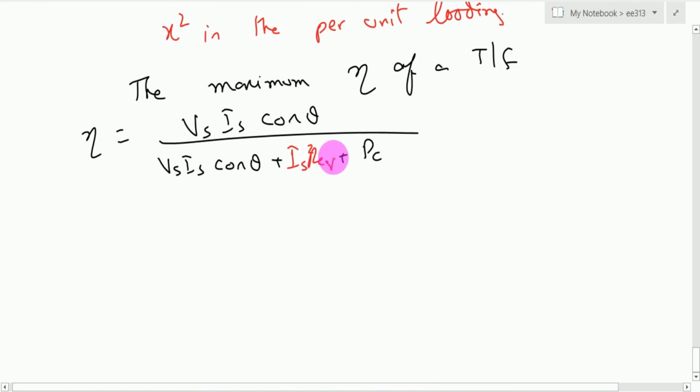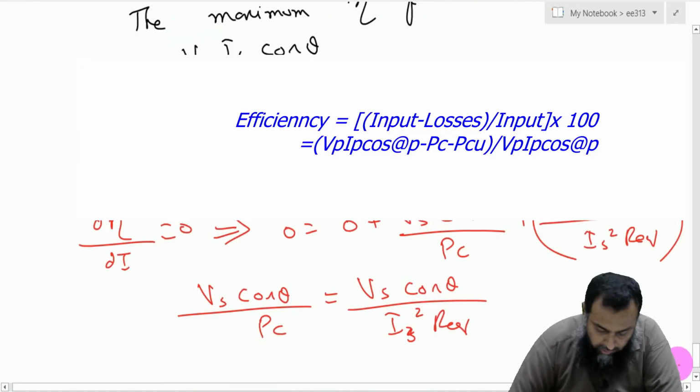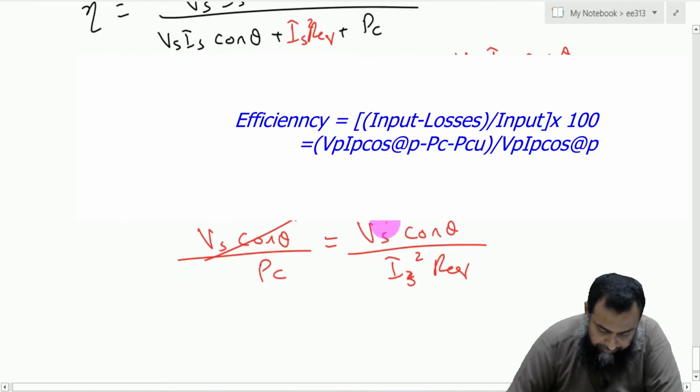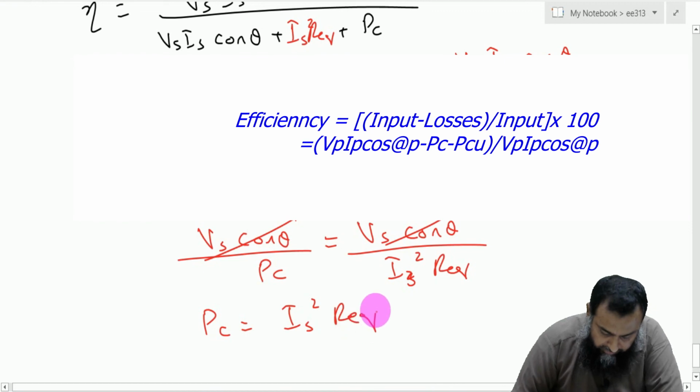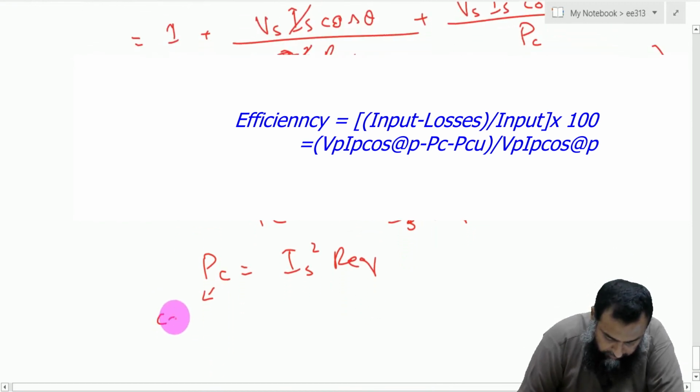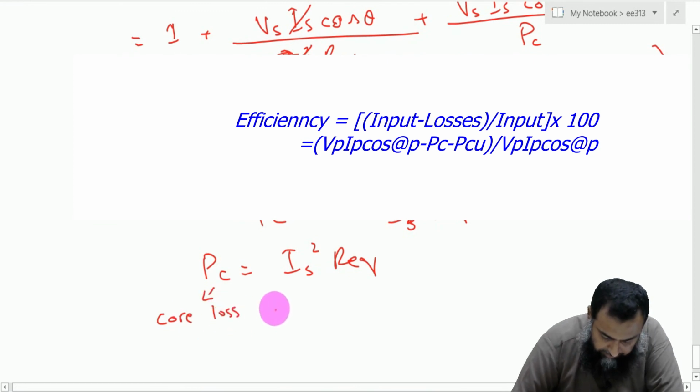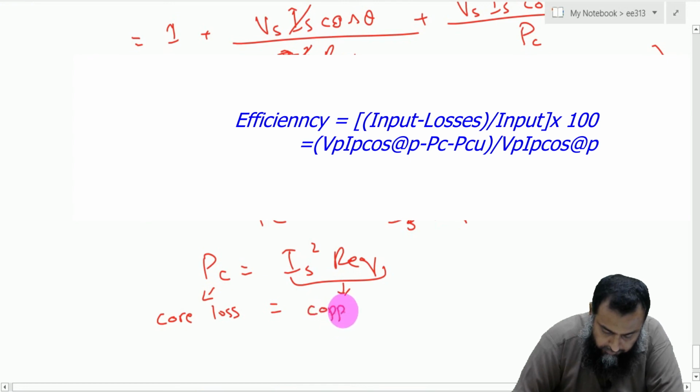Let us keep it to the full load value, and thereafter we can see how this is varied with respect to the amount of current. Now this can be cancelled out with this one. So this P copper equals IS square into R equivalent. What is this one? This is the core loss. And what is this one? This is equal to the copper loss, right?